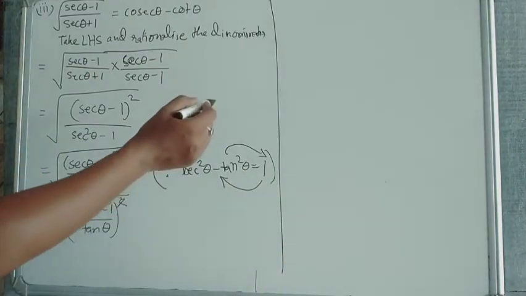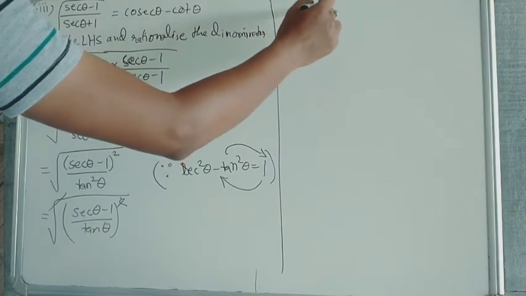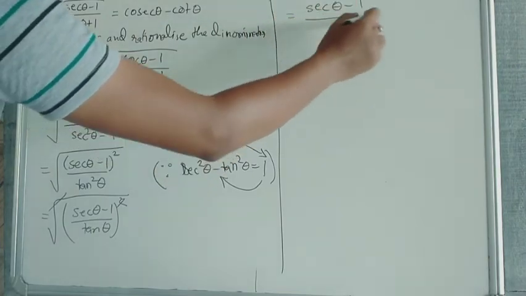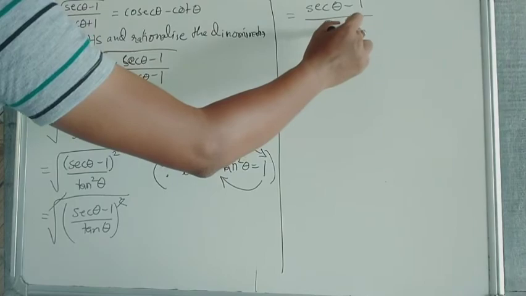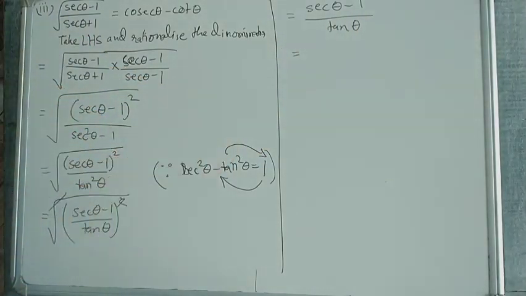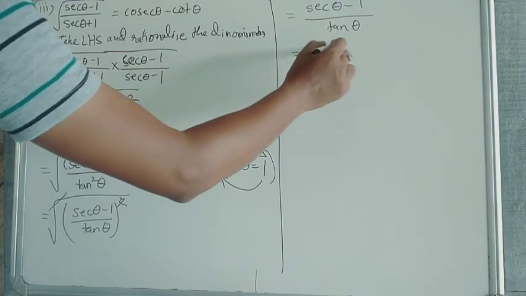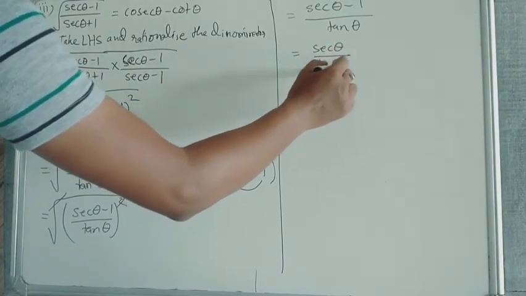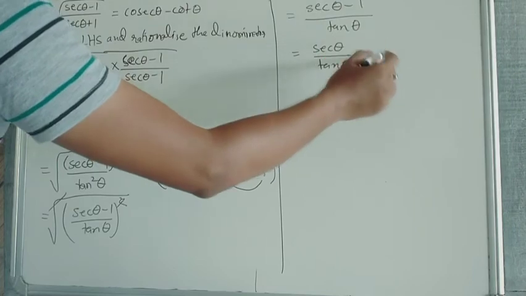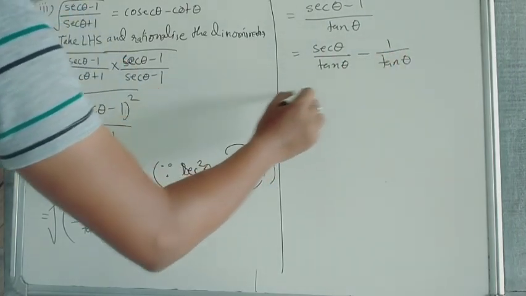Then equal to sec theta minus 1 by tan theta. Now this one will become sec theta by tan theta minus, this one will become 1 by tan theta.